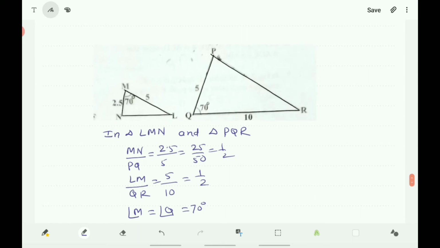Therefore, triangle LMN is similar to triangle PQR. The criteria used is SAS similarity criteria.